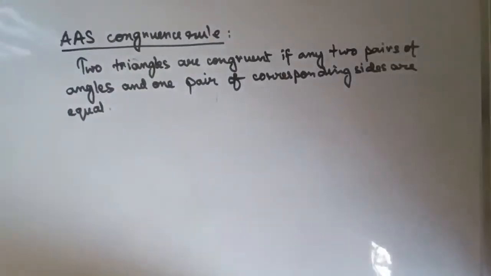Next congruence rule is ASA Congruence Rule. According to this rule, two triangles are congruent if any two pairs of angles and one pair of corresponding sides are equal.